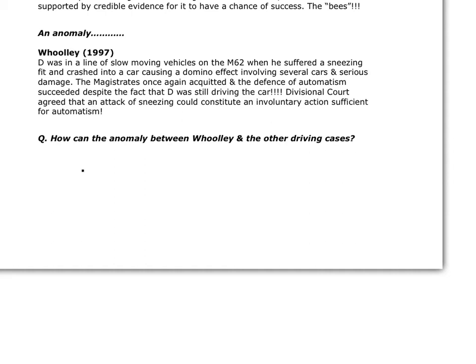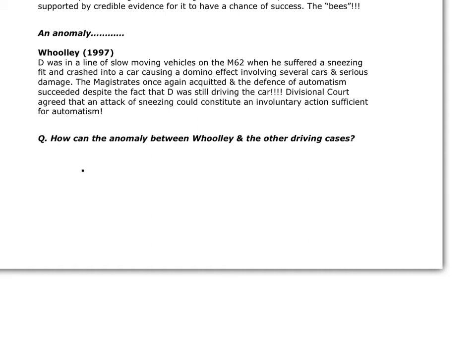So question, how can the anomaly between Woolley and the other driving cases be settled? My answer to that would be, in all the previous cases, so the first two were diabetic, and the AG's ref, driving without awareness, driving over 6 hours, every single one of those defendants knew about their condition. So they had hours notice or plenty of notice, but yet still continued to drive.